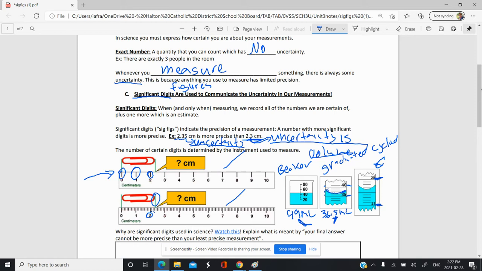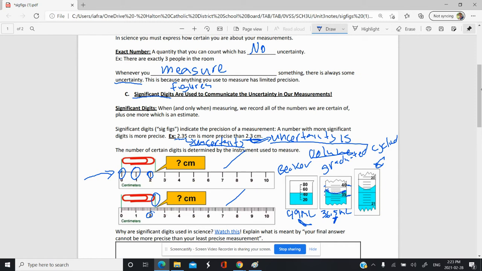So all these markings here are, if we look carefully, 0.1, 0.2, 0.3, 0.4, 0.5, 0.6, 0.7, 0.8, 0.9, and then finally this is an extra one. So these are 0.1 increments here. You'll notice it's a lot more precise for my volume here.